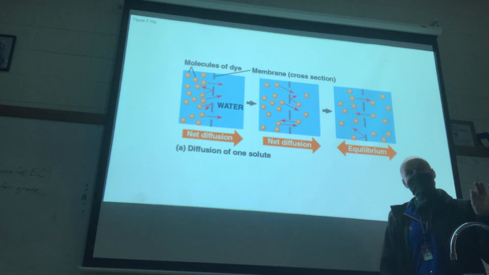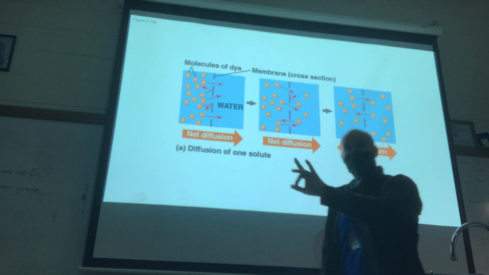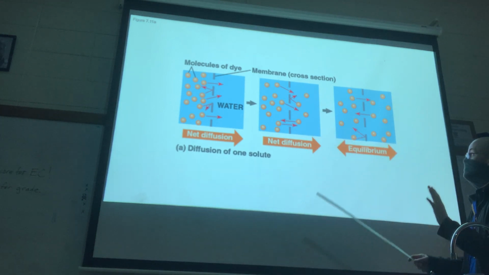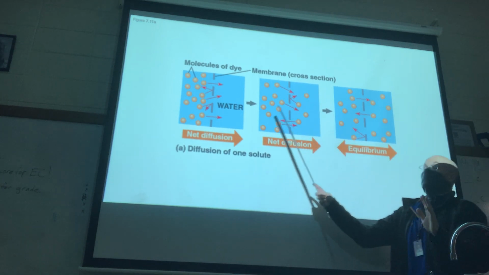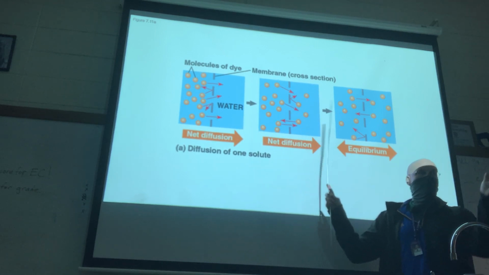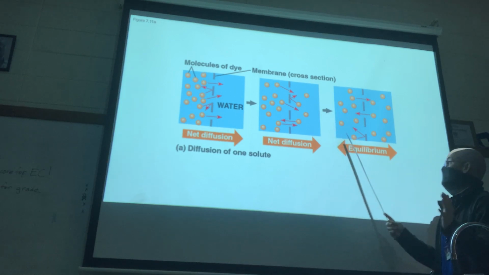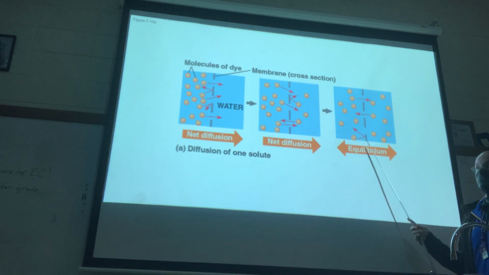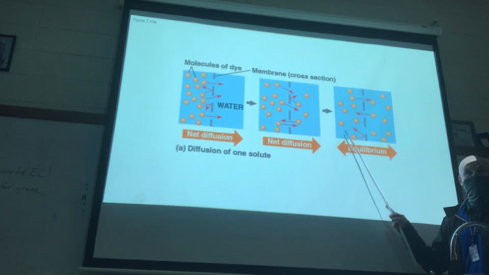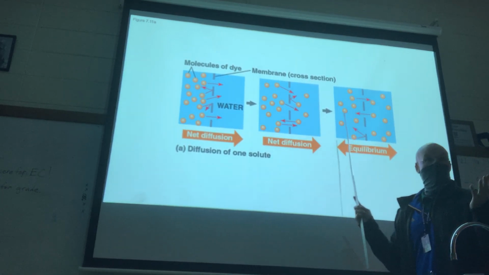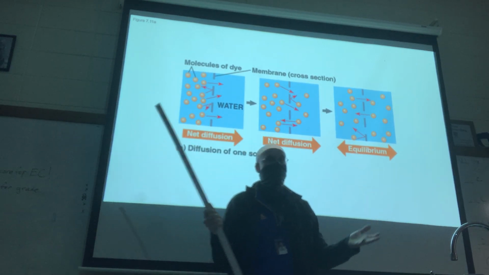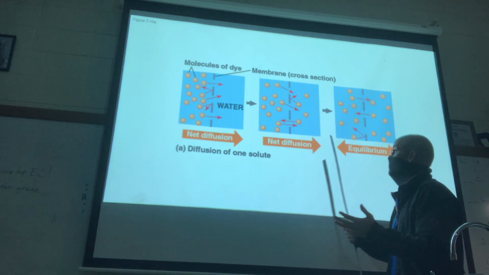Now, one thing I didn't mention, and some terms that some of you actually referenced in a previous class that I didn't stress, diffusion keeps going really beyond equilibrium, but the goal is to reach what we call equilibrium, where we have what? Equal on both sides. A balance in concentration. Equal molarity, you could say, on either side of the membrane.